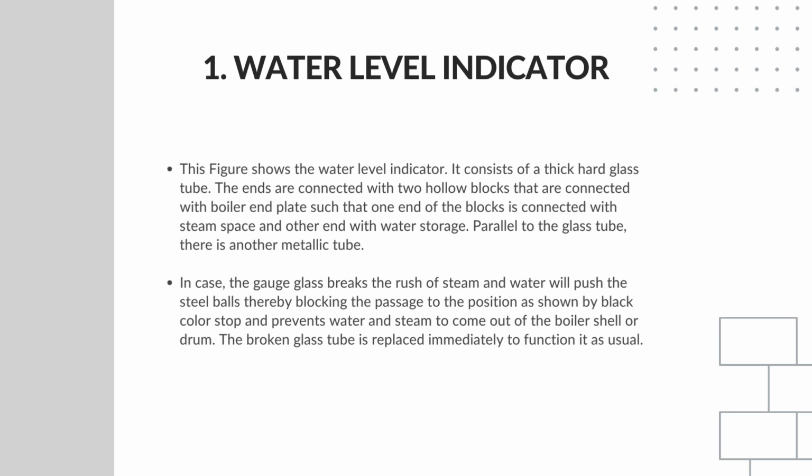In case the glass tube breaks, the rush of steam and water will push the balls, thereby blocking the passage to the position shown by the black color stop, and prevents water and steam from coming out of the boiler shell or drum. The broken glass tube is replaced immediately so it functions as usual.